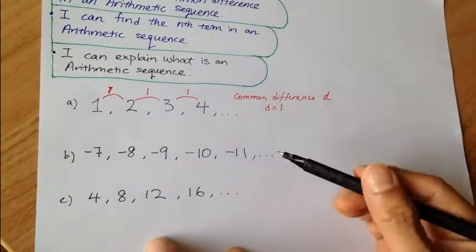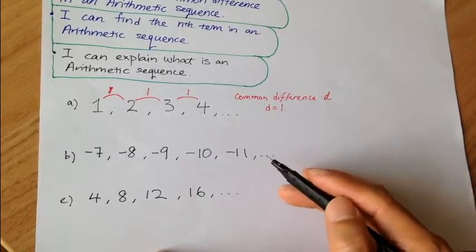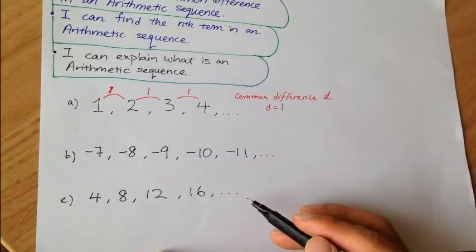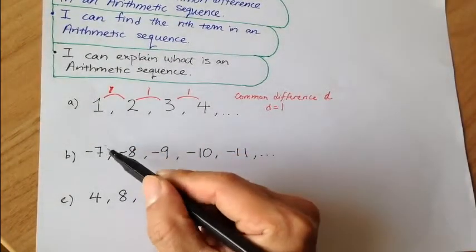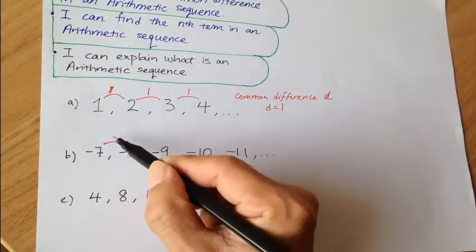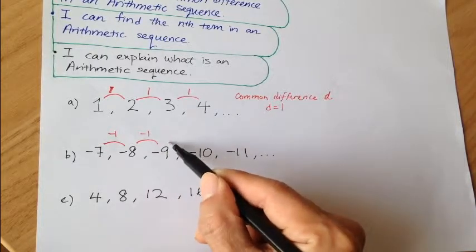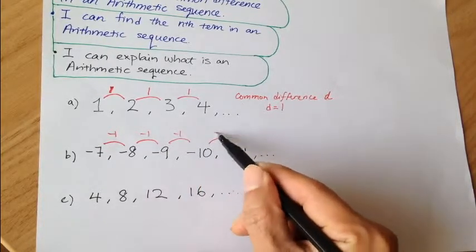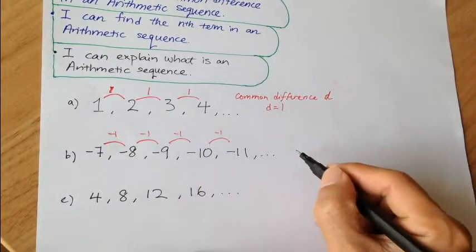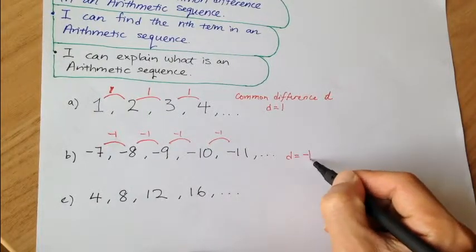Can you now also identify the common difference for example B and C? Very good. For example B, the difference is minus 1, minus 1, minus 1. So the common difference for B is minus 1.